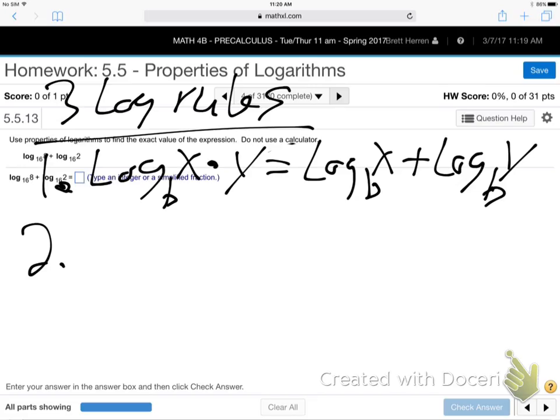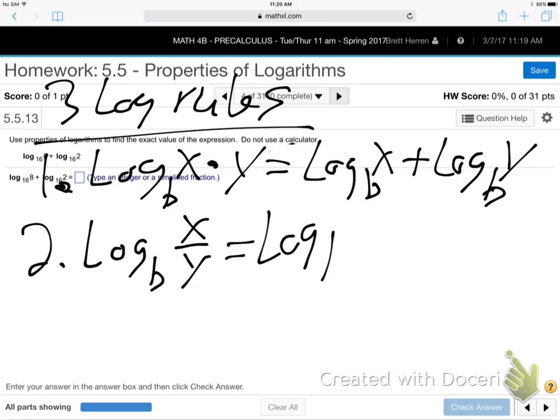The next one says log of dividing for one log becomes subtraction for two. That's a big Y. Come on, it's a big Y over there. So those two rules making sense? And the third one is easier.